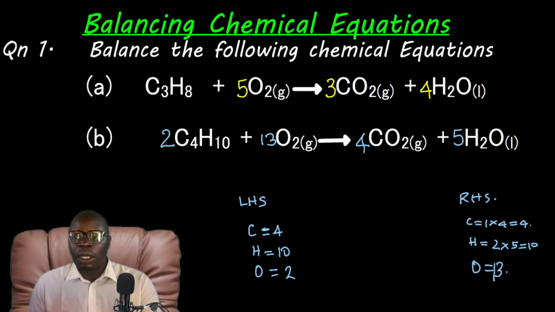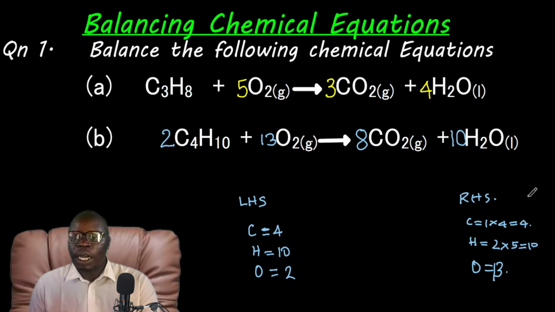If you multiply this one by 2, we'll also get a new number: 4 times 2, we get 8. So we have 8 molecules of carbon dioxide gas. Now, when you multiply 2 by 5, we also have to change this number to 10. So we have 10 molecules of water.